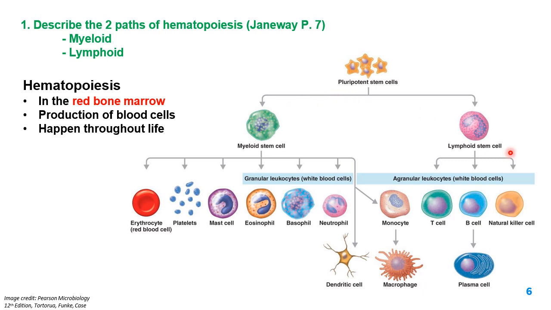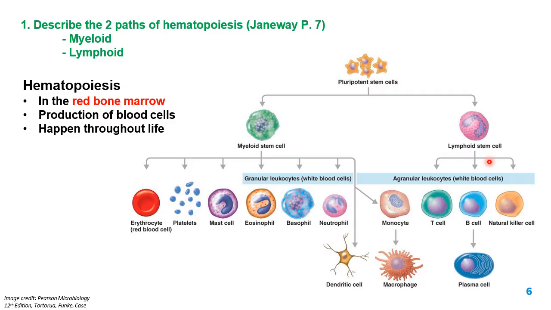Looking at the lymphoid path, you're going to have 3 cell types that are major for this pathway. Everybody else is going to come from your myeloid pathway. So memorize the ones coming from the lymphoid, because you only have to think about 3 of them.